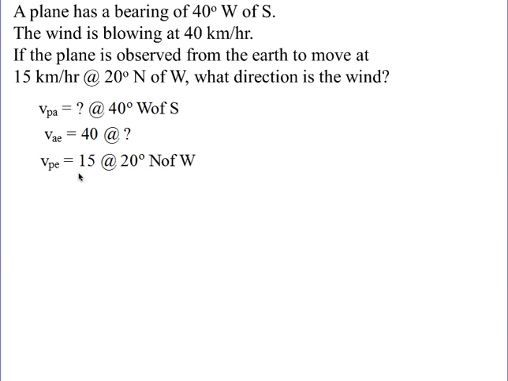But once you have done that, here they want to know what is the direction of the wind, which I've called air here. But even if they had wanted to know something like the magnitude of the plane relative to the air, I would take the vector whose direction I do not know and put it to the left, isolated, equals the sum of the other two vectors.